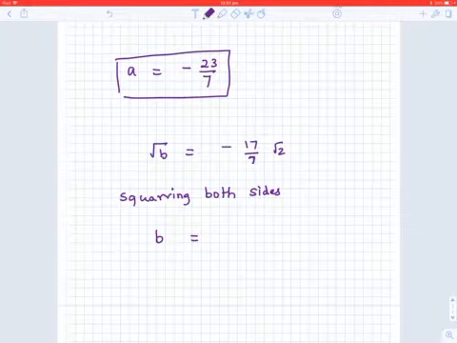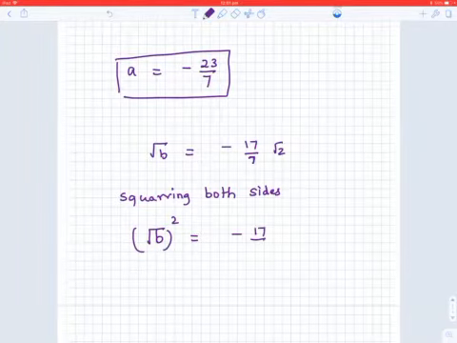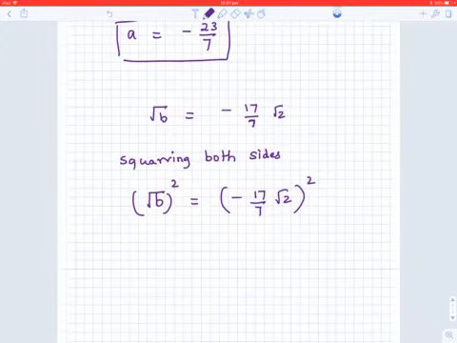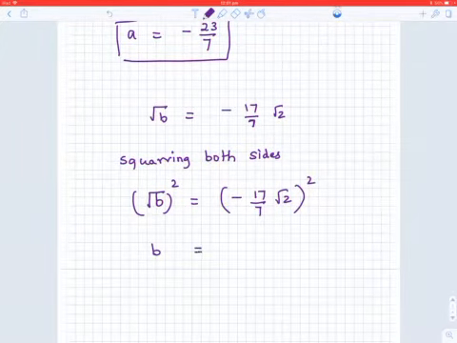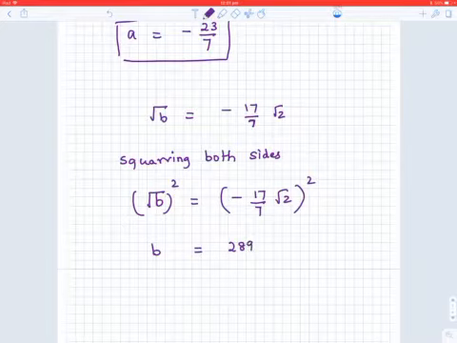we get b equal to minus 17 over 7 root 2, all squared.